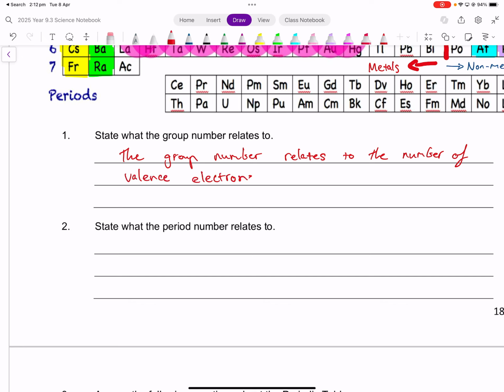And so let's use that example of the alkali metals now. So in brackets, e.g., all group 1 elements have how many valence electrons? Great. Have 1 valence electron.